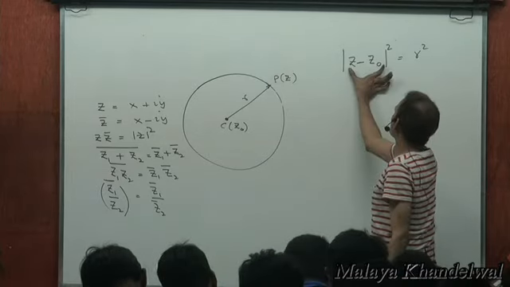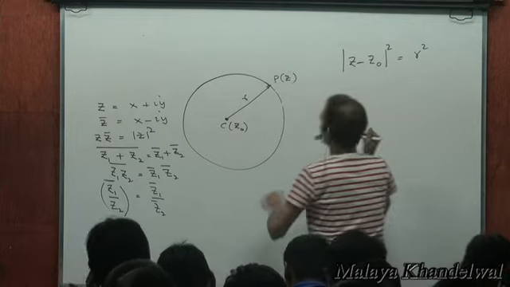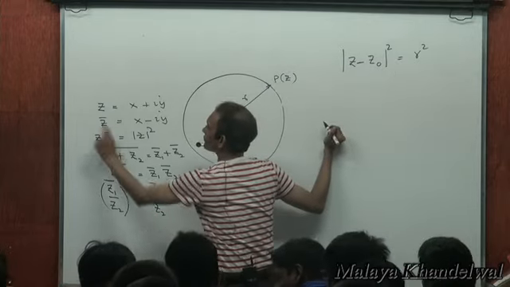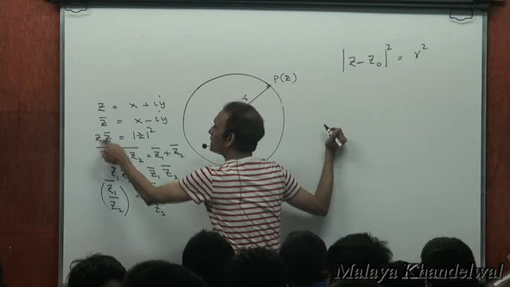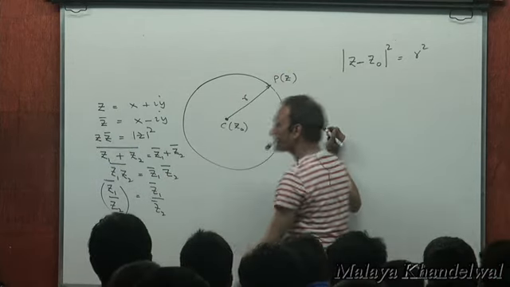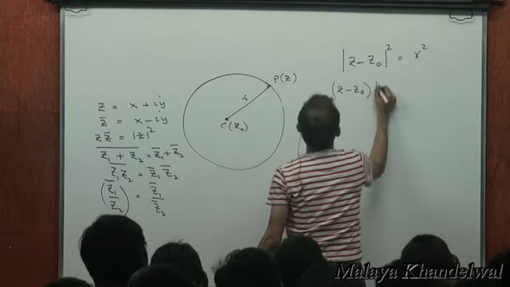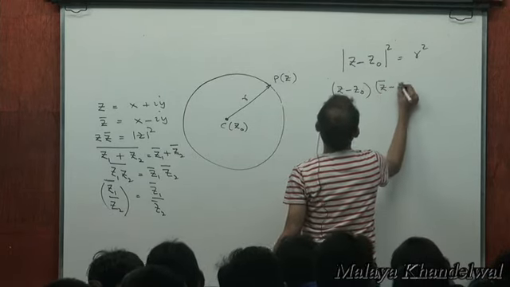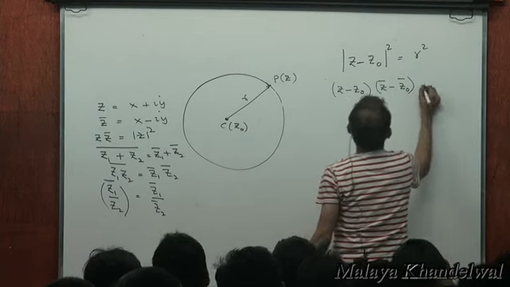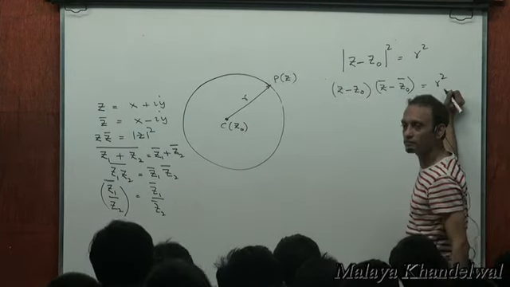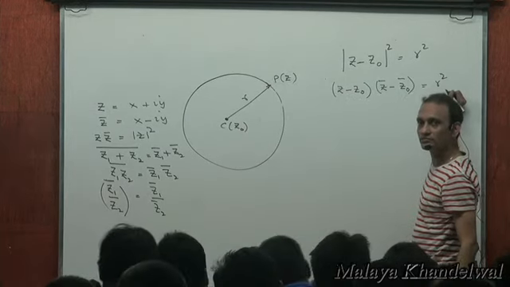Now, this is mod of a complex number squared. Mod of z squared is z into z bar. So this is going to be z minus z naught into z bar minus z naught bar, that's equal to r squared. Yes or no?